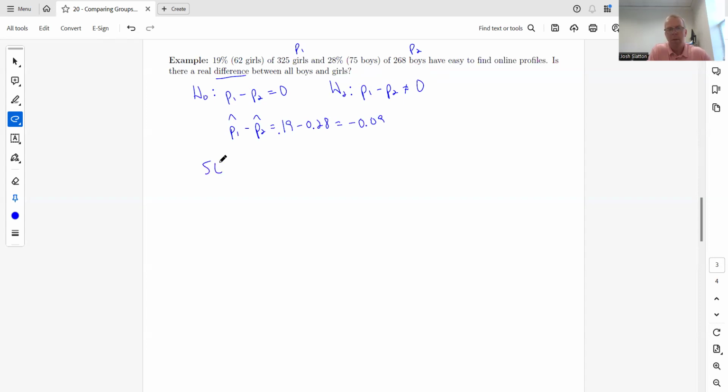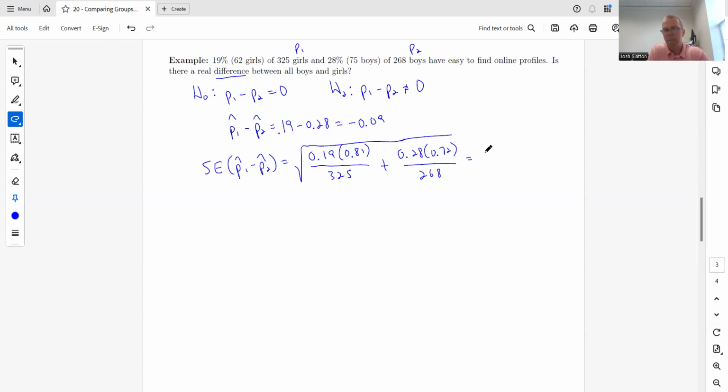Standard error of the difference is the square root of 0.19 times 0.81 over 325 plus the 0.28 times 0.72 over 268. And we get about 0.035011.